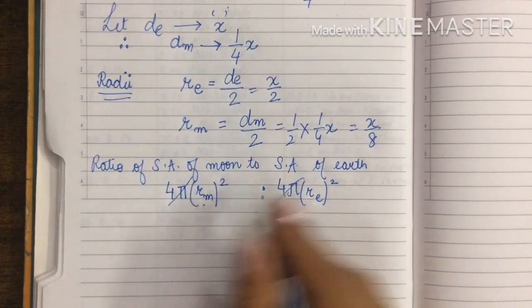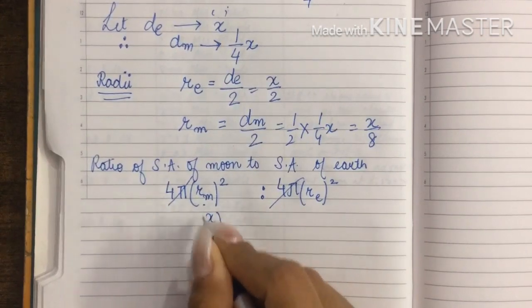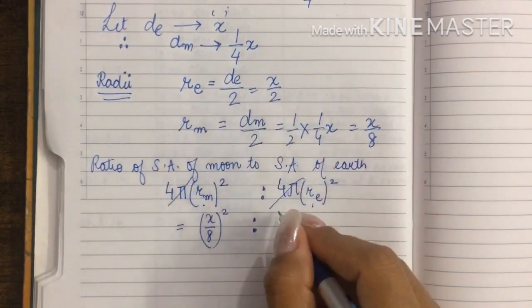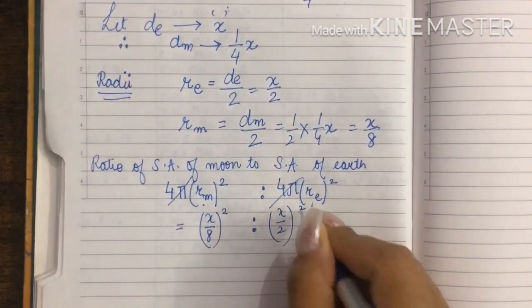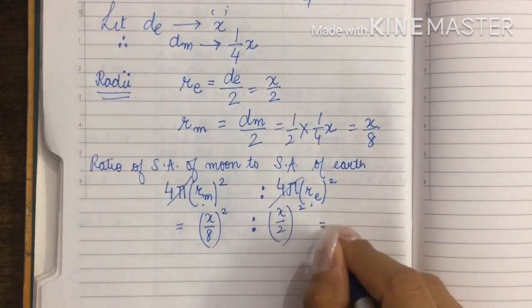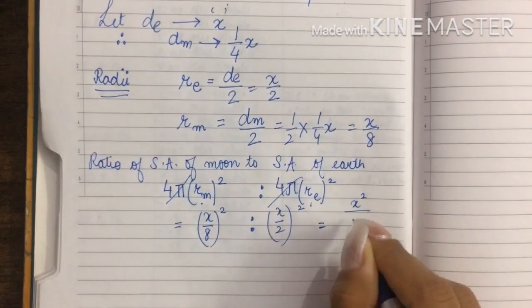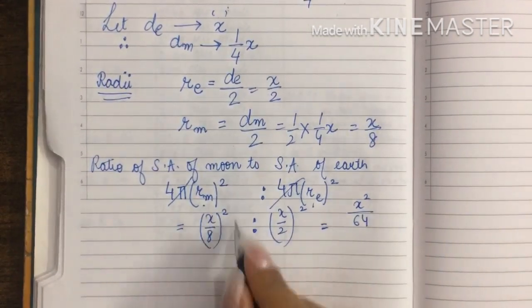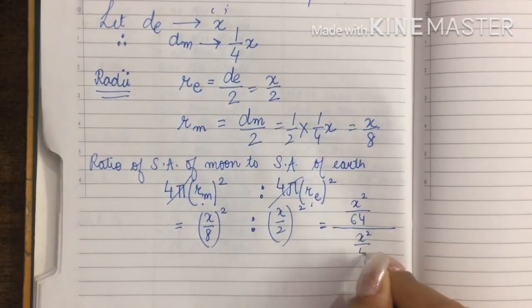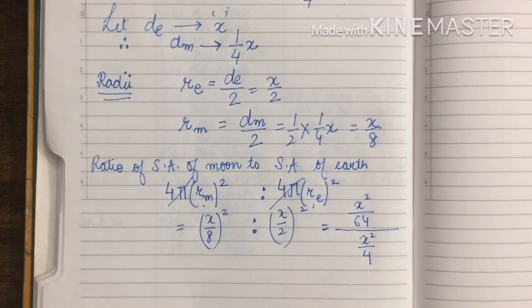Radius of moon, this is x by 8 whole squared, is to radius of earth, it's x by 2 whole squared. To simplify, I'm going to write this as a fraction. So I will have x square over 64 in the numerator over x square by 4 in the denominator.